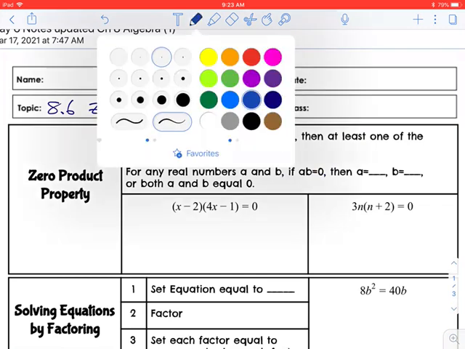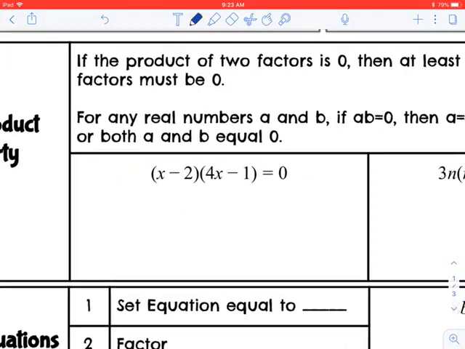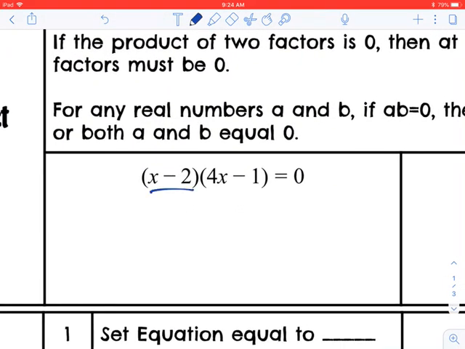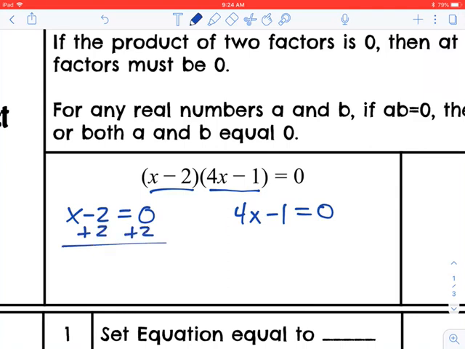Since we don't know which one it is, we have to be solving both of them for 0. So if I have parentheses times parentheses equals 0, I have to set both of these separately equal to 0. So x minus 2 equals 0, 4x minus 1 equals 0. Then I solve both. If it's minus 2, I add 2 to both sides, get x equals 2.